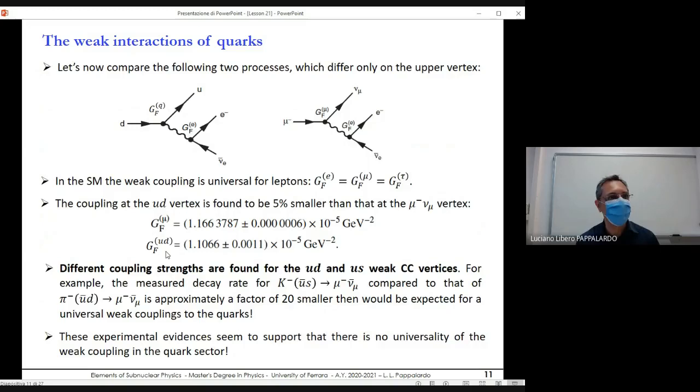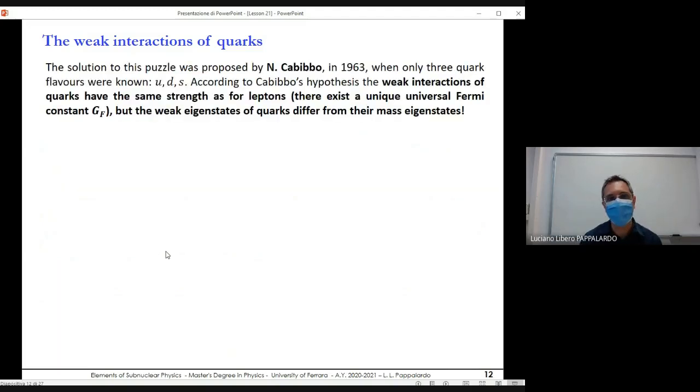Now this was a bit disturbing at the time, and Nicola Cabibbo in 1963 provided a solution to this puzzle, when only 3 quarks were assumed. So we are essentially in the period of the quark model by Gell-Mann and Zweig.